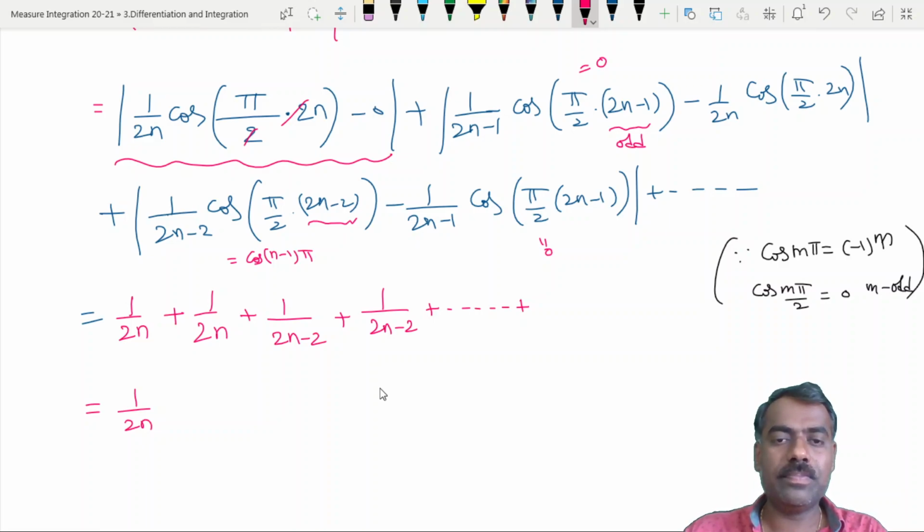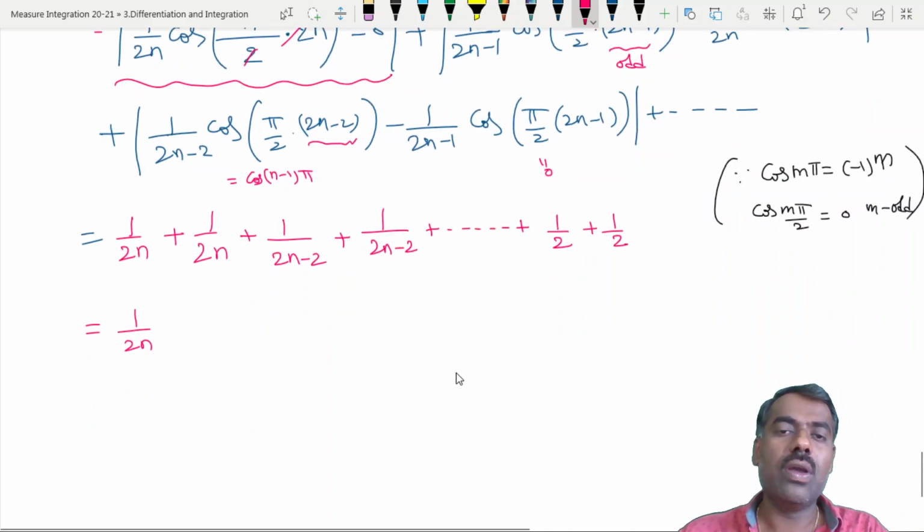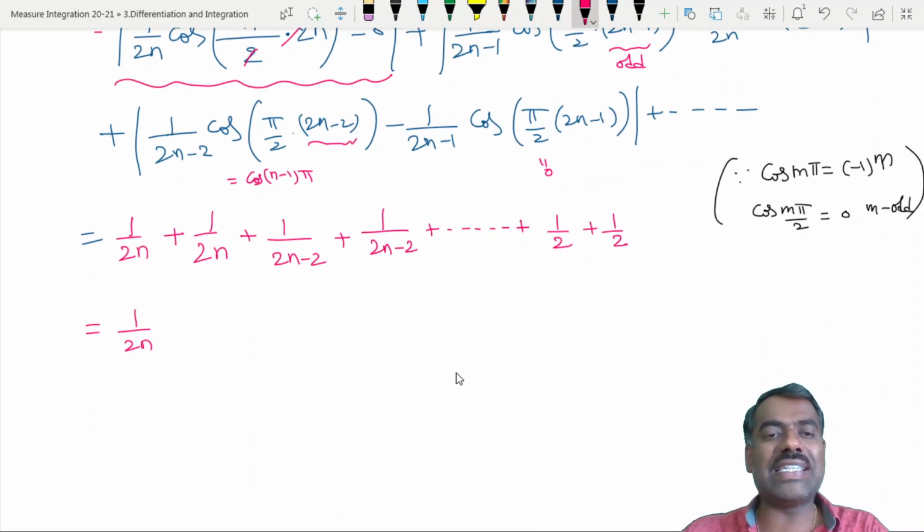So if you see here, what you will get is 1 by 2n plus 1 by 2n, next 1 by 2(n minus 1) plus 1 by 2(n minus 1). Next time it is 1 by 2(n minus 2), 1 by 2(n minus 2), like that you will get, right? So two terms you will get the same.